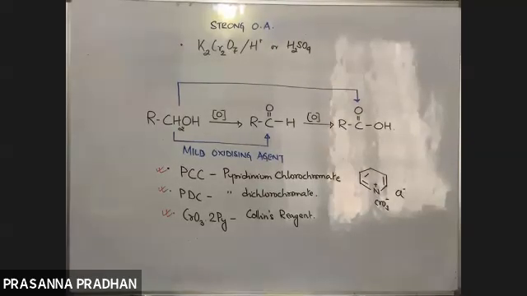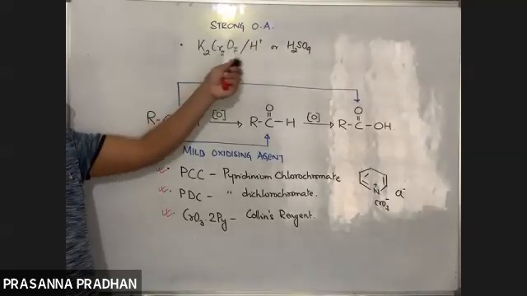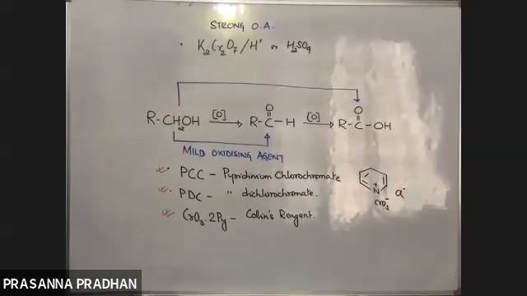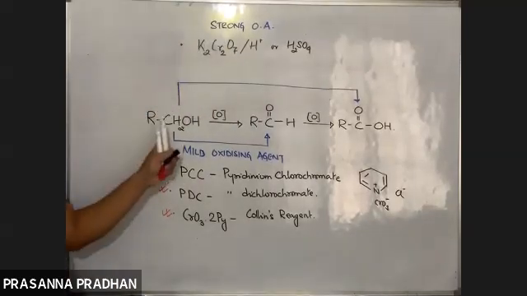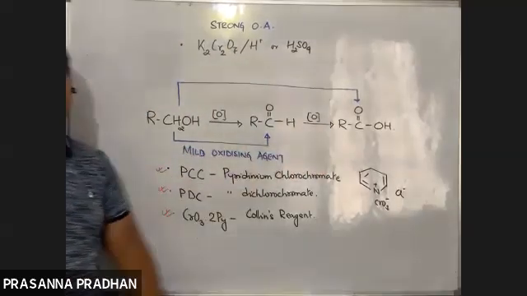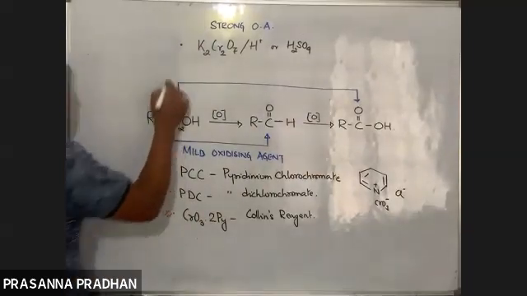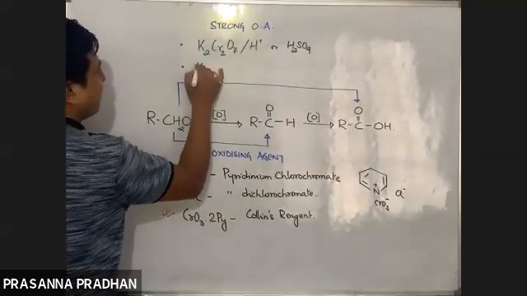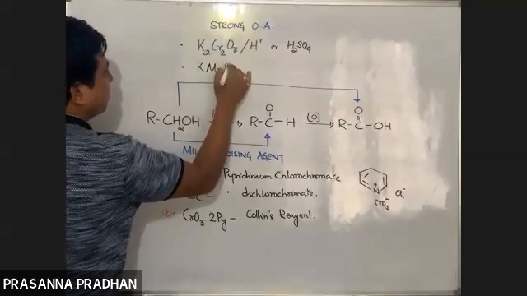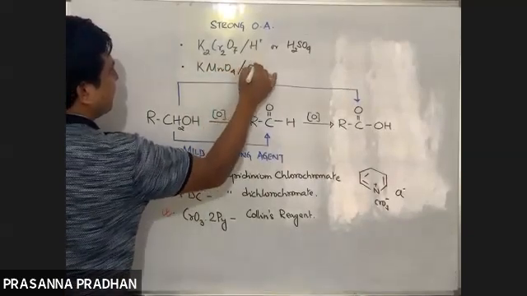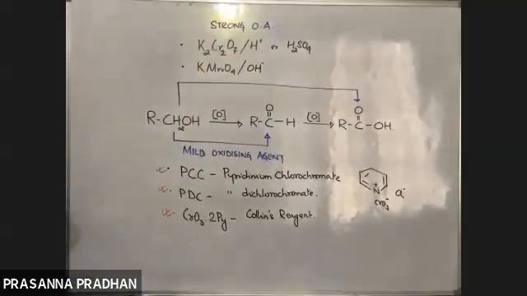For the time being, remember, acidified potassium dichromate acts as a very strong oxidizing agent. In the presence of this strong oxidizing agent, 1 degree alcohol will get oxidized to carboxylic acid. The other example is alkaline KMnO4. This acts as a strong oxidizing agent.